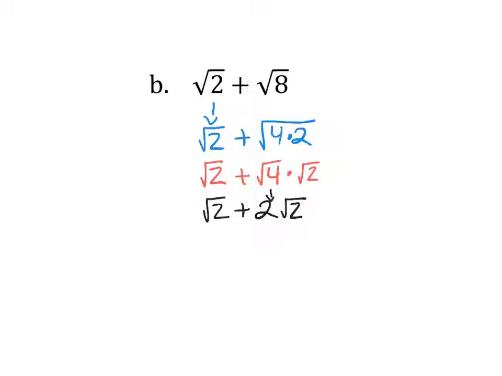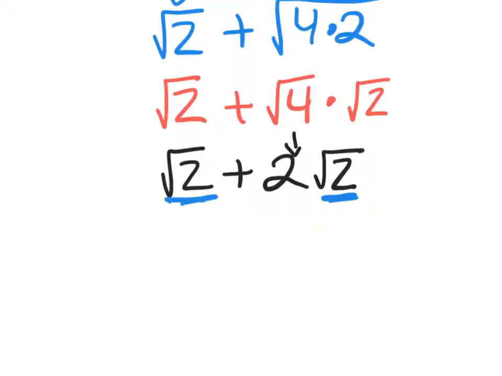Because can we evaluate this square root 2? No. Can any perfect squares go into 2? No. So now we have square root 2 plus 2 square root 2. They both have this square root 2 here, so we can add them together, but there's no number out in front of this square root. What is that implied value out there? 1. Yes, that is an implied 1.